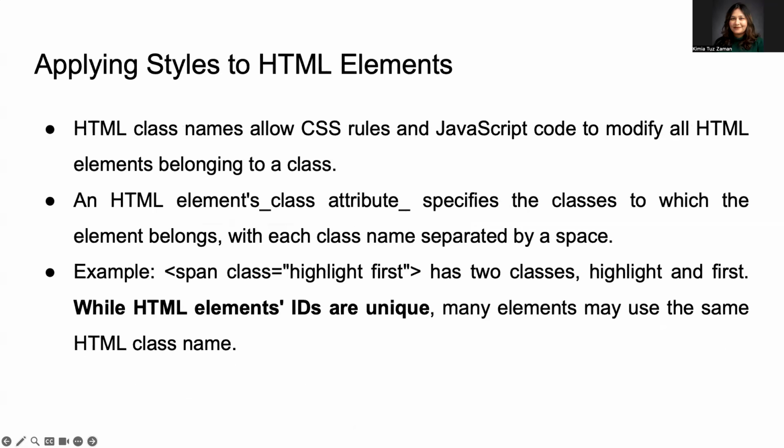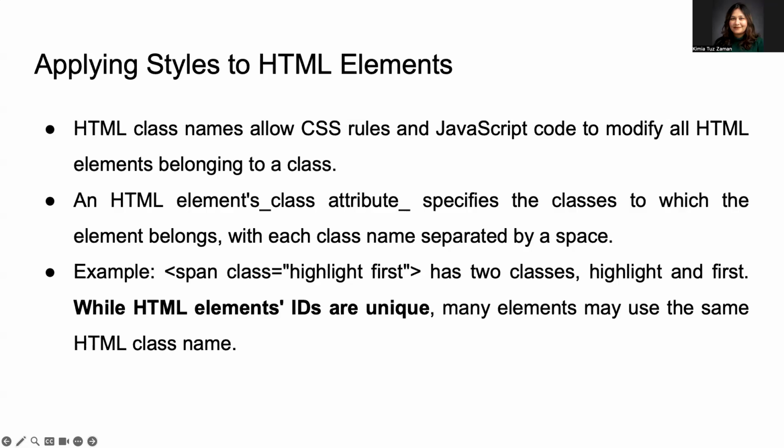Now let's look at how we actually apply styles to HTML elements using classes. In HTML, the class attribute allows us to group elements together under one or more class names. This makes it easy to apply the same CSS rules to many elements at once. Unlike IDs, which are unique to a single element, classes can be shared across multiple elements.